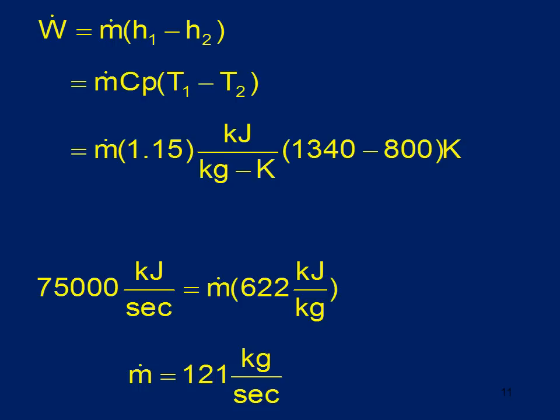Set it equal to the power that I need to produce, 75,000 kilojoules per second. Multiply it times that delta H calculated from the ideal gas equation, and I can solve for m dot. M dot equals 121 kilograms per second. So a fairly simple problem.